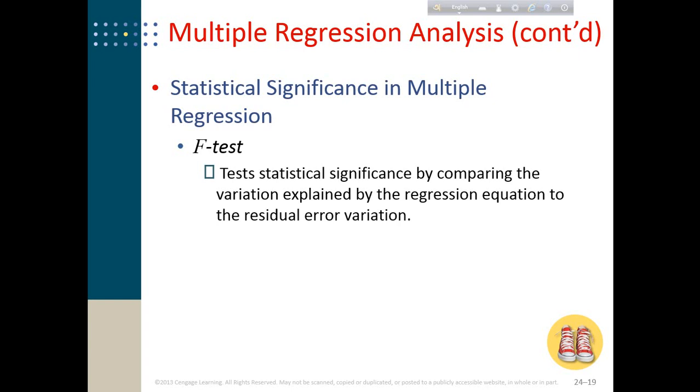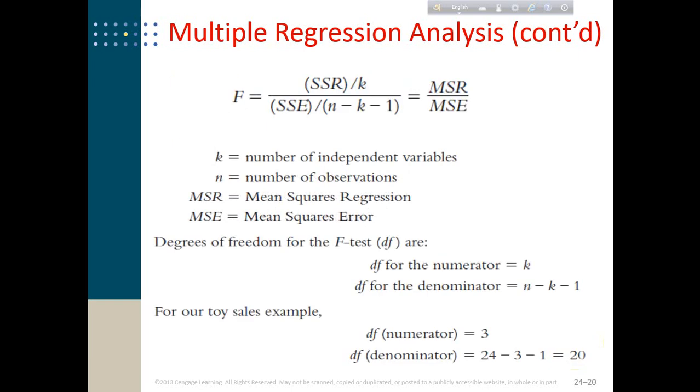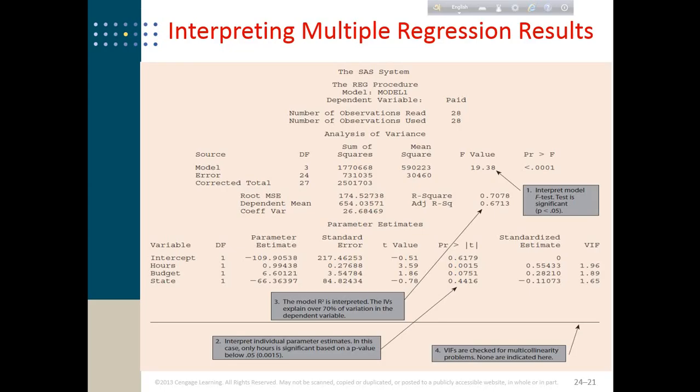That means a significant portion of the variation has been explained. So this is how we calculate F-statistic. However, we don't need to calculate them using this equation because when we run multivariate regression in Excel, it will automatically generate F-statistic and a corresponding p-value.